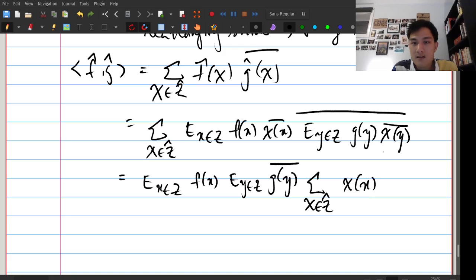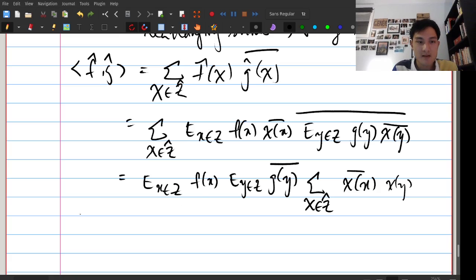Did I get the bars all wrong? I hope not. So chi of x is barred, and chi of y is not barred, because it was barred twice.